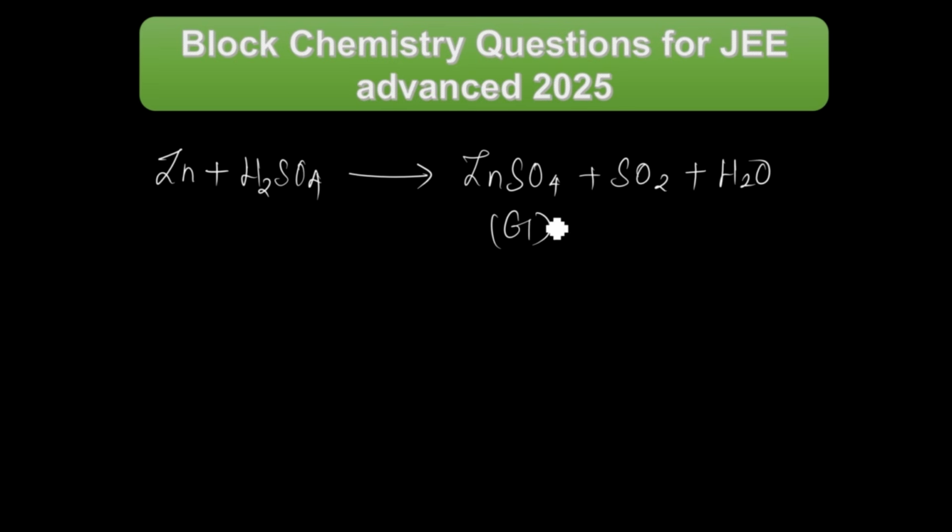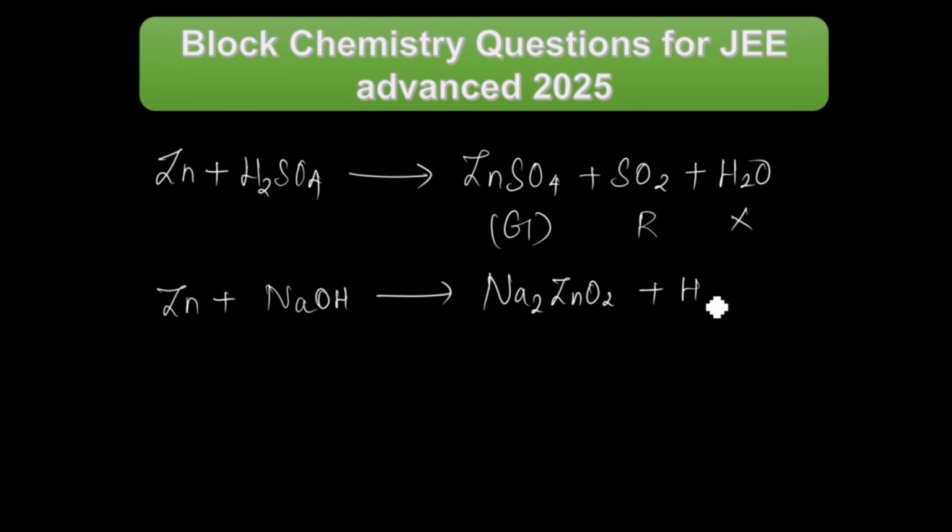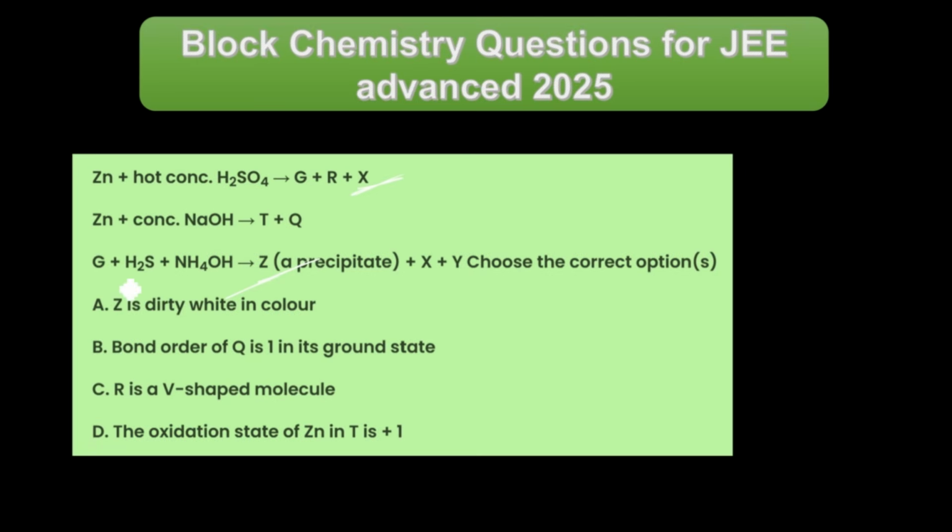I'm taking this as G. This is the main compound because G is interacting with another one. The second one is zinc plus NaOH, which gives sodium zincate, mentioned as T and Q. The third reaction is G plus H2S and ammonium hydroxide.